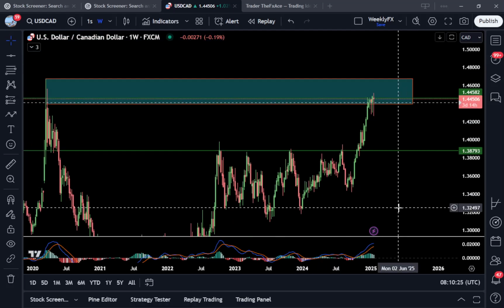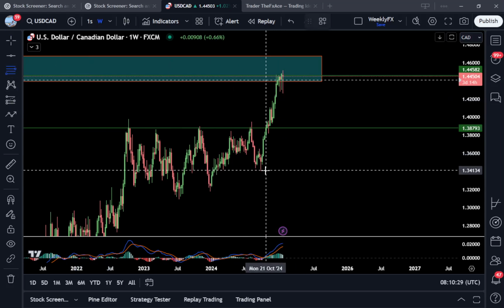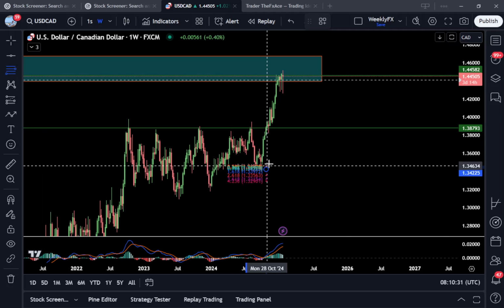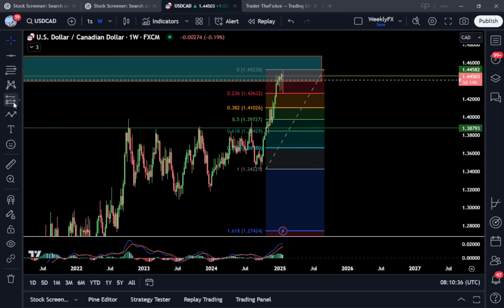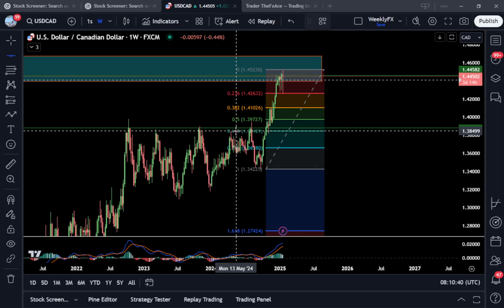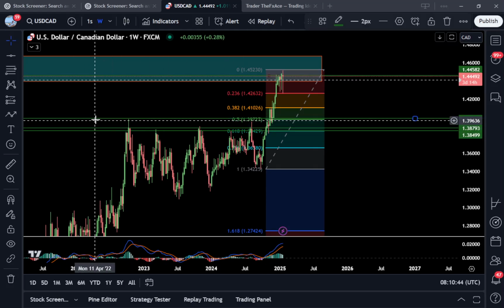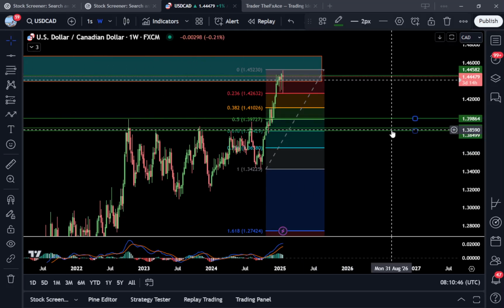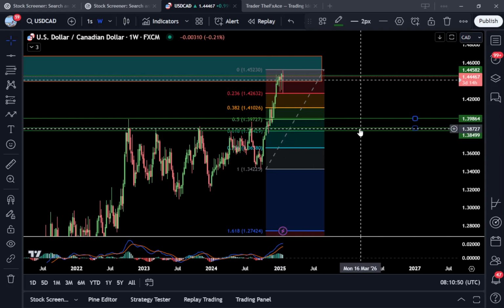If we look at the weekly charts again for targets, if we draw the fib line from the September low to today's high, we can see that the 61.8 and the 50 fib are both lining up a nice resistance and a nice buy zone for me to target. I'll just draw that in the box.